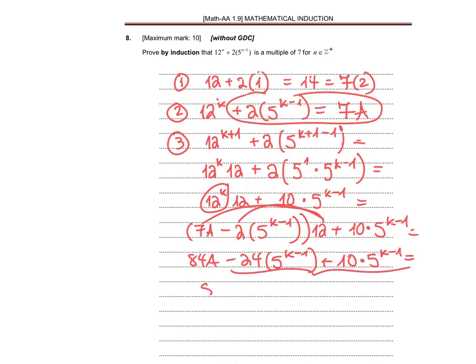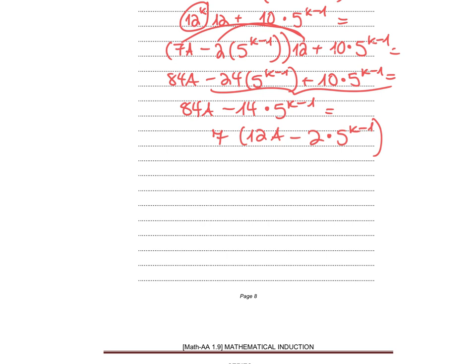So we have 84a and negative 14 times 5 to the k minus 1, which you can rewrite as 7 times 12a minus 2 times 5 to the k minus 1, which is a multiple of 7. Don't forget step 4.